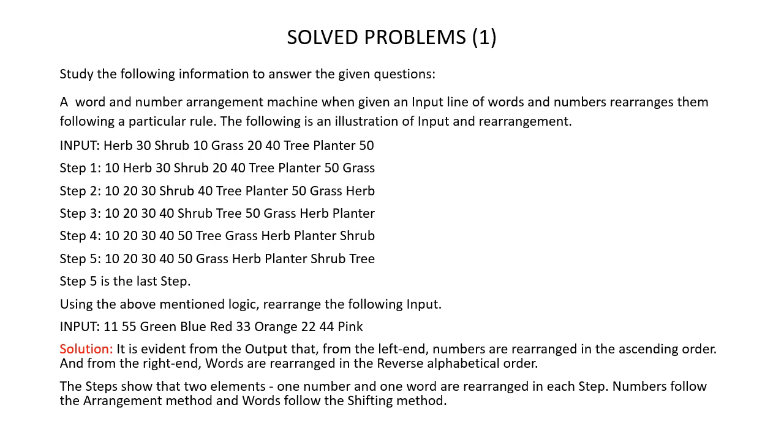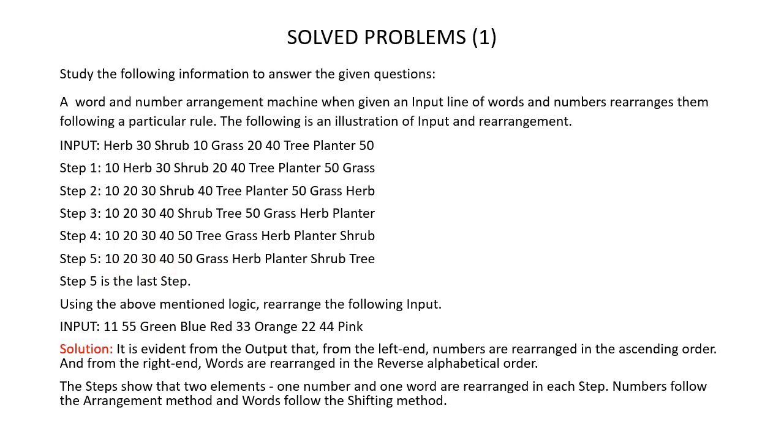Also, the second reason is that the steps show that the rearrangement is done in the same order as is given in the output. Now, as you can see in the output, from the left end, the numbers are rearranged in the ascending order from 10 to 50.